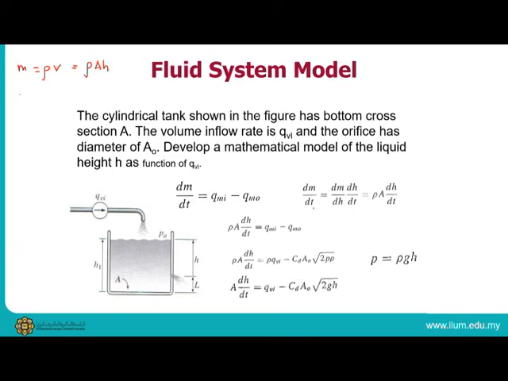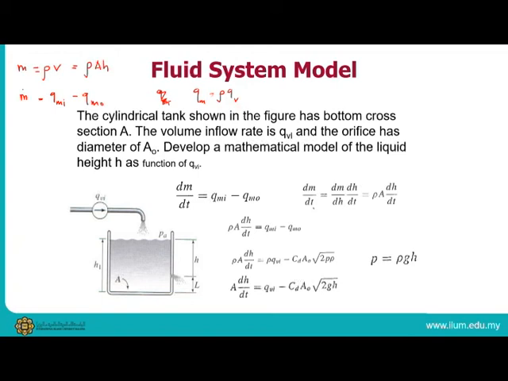The next formula will be m dot, which is equal to Qmi minus Qmo. But in this input, we have a Qvi instead of the Qmi. Using the same formula, Qm is equal to rho Qv. It doesn't matter: if Qmi, this one will be Qvi; if Qmo, this one will be Qvo.